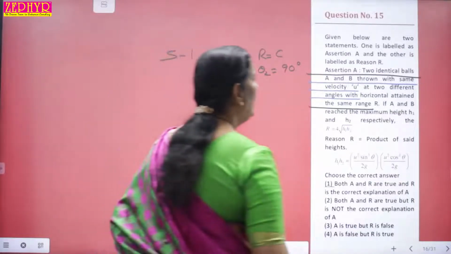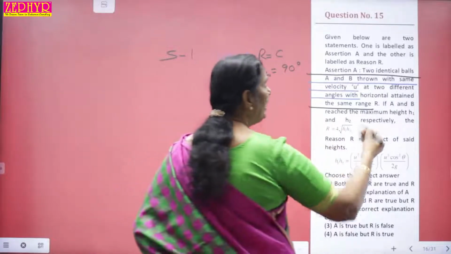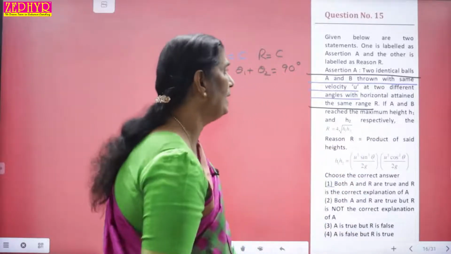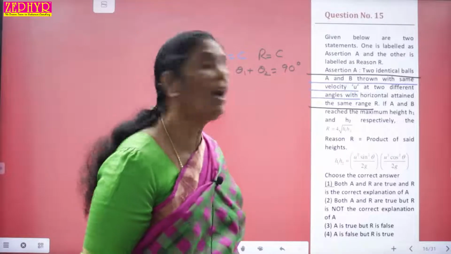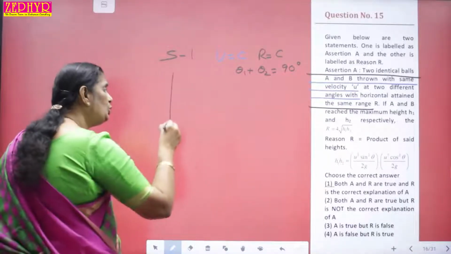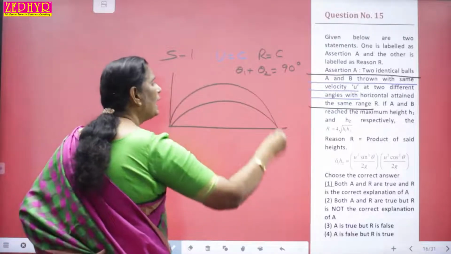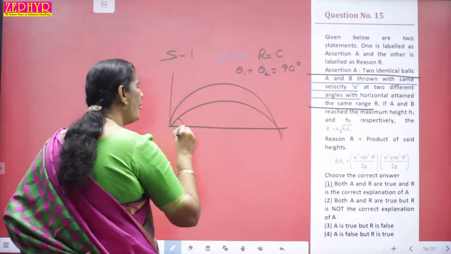Next. If A and B reach the maximum heights h1 and h2, then what is R? So they are telling that we are having two angles. One is 30 degrees, other one 60 degrees, it doesn't matter.